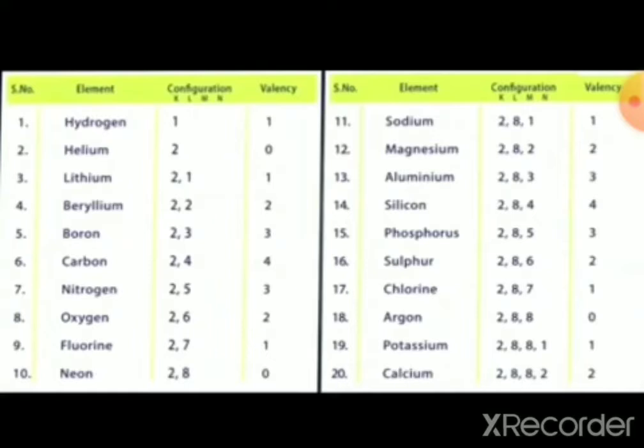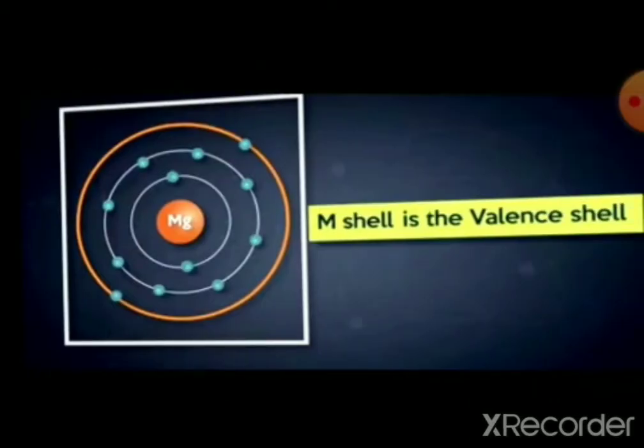We'll take the example of magnesium. The electron configuration of magnesium is 2, 8, 2 and the valency is 2. In the case of magnesium, M is the valence shell.